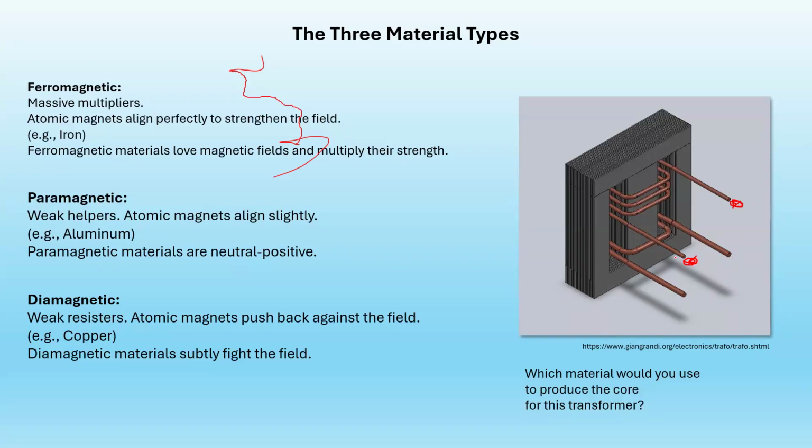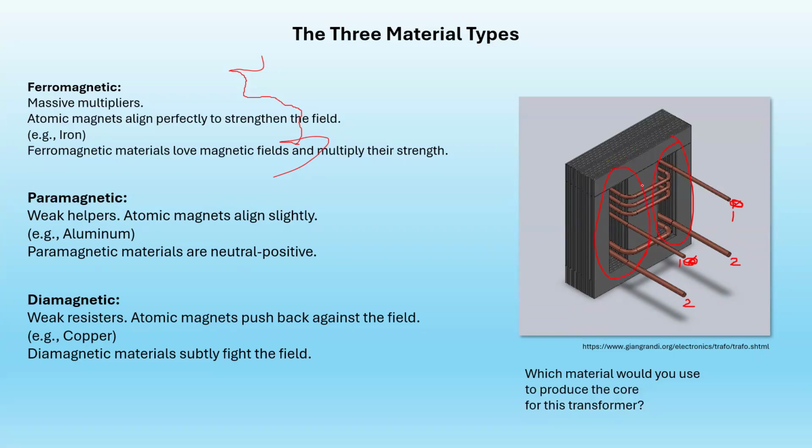AC voltage, it is going to cause an alternating magnetic field, which we want to be passed on to the secondary. So this could be primary, and this could be secondary. But we want this thing to be done as efficiently as possible. So if we use the ferromagnetic material, that will help you guide the magnetic field.